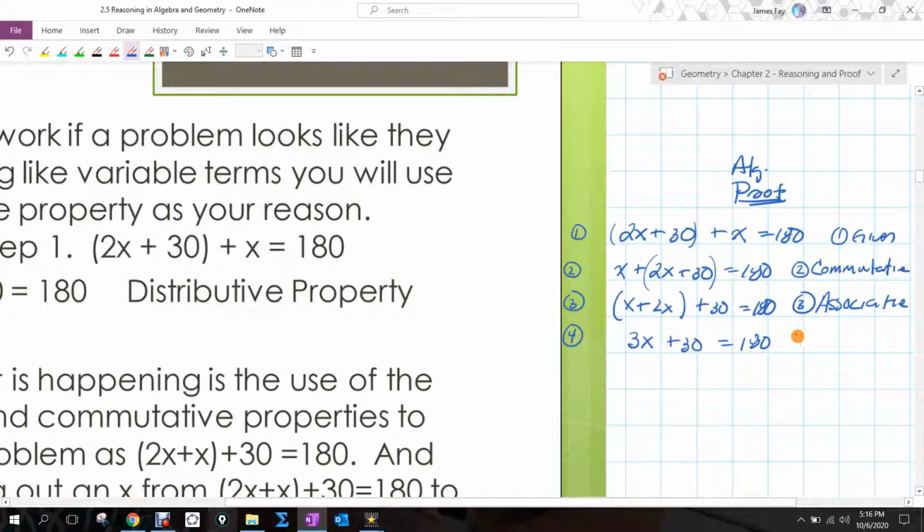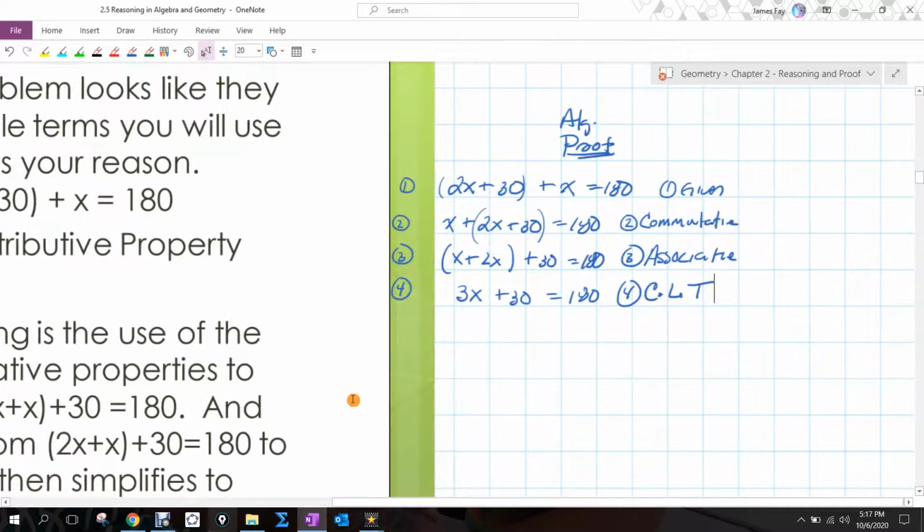A lot of people would write combine like terms, and that's a valid argument. That's what you were taught it was called in algebra. But let's talk about this real quick. If I go x plus 2x, why is that 3x?